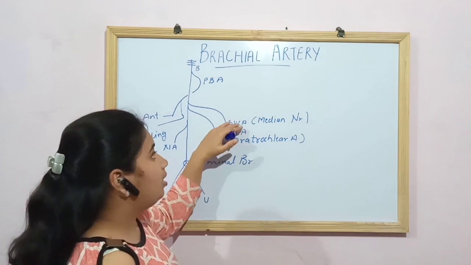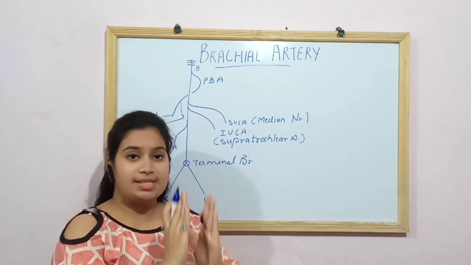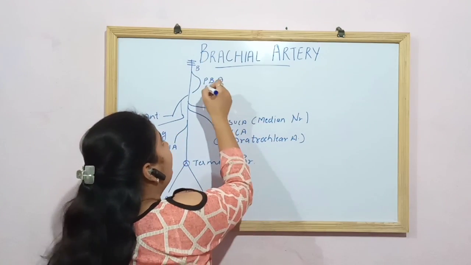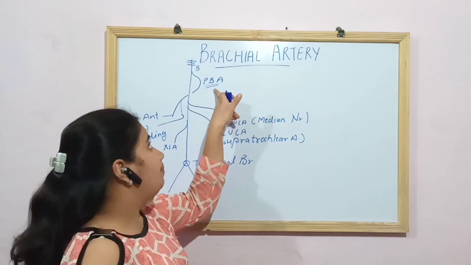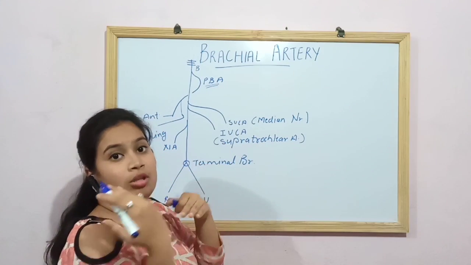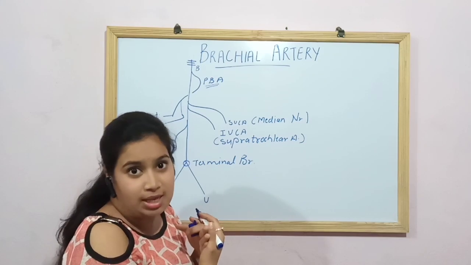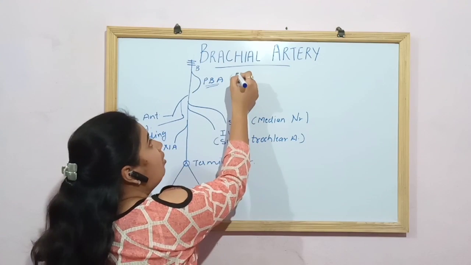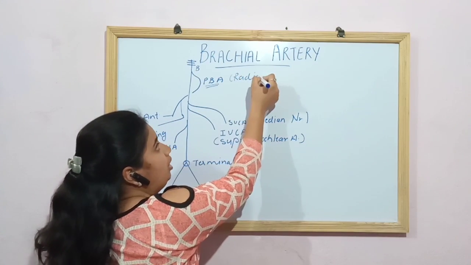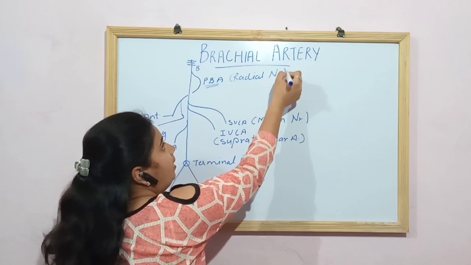Profunda brachii artery is a deep brachial artery and it is on the posterior side, so it accompanies the radial nerve. It runs parallel to the radial nerve; the radial nerve is beside it.